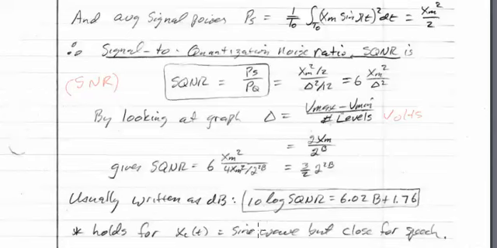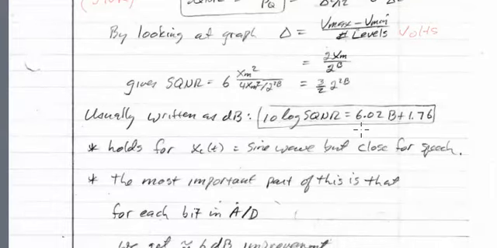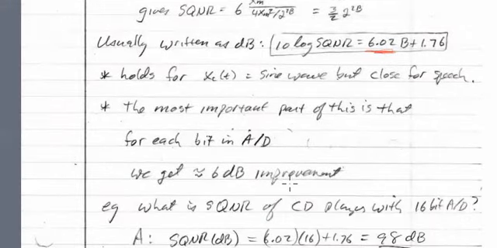If it's speech or telemetry or something, this constant here changes a little bit, but 6.02b is the signal quantization noise ratio in terms of the number of bits in the analog to digital converter. Okay, so the most important part of this is this 6. You don't even have to remember the 6.02 part, just remember 6. The signal noise ratio is 6b plus 1.76. Okay, so there's about 6 dB worth of improvement every time you add a bit to the analog to digital converter.